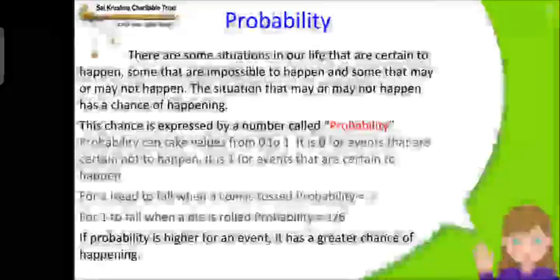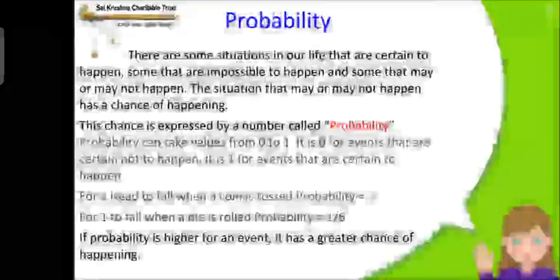So let's look at probability. What do you mean by probability? There are some situations in our life that are certain to happen, some that are impossible, and some that may or may not happen. The situation that may or may not happen has a chance of happening.